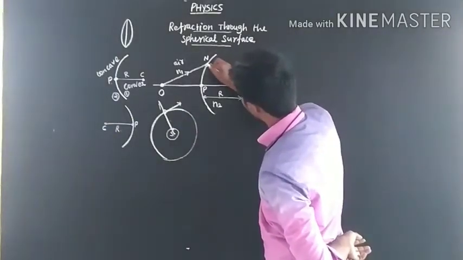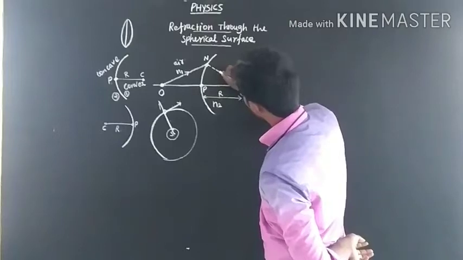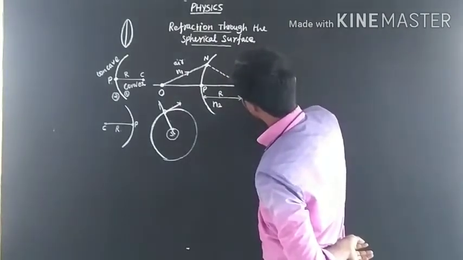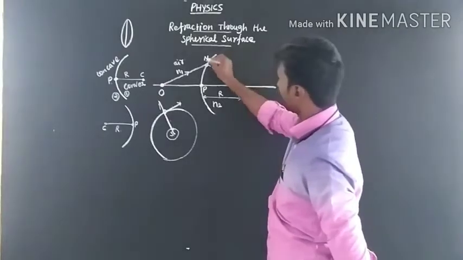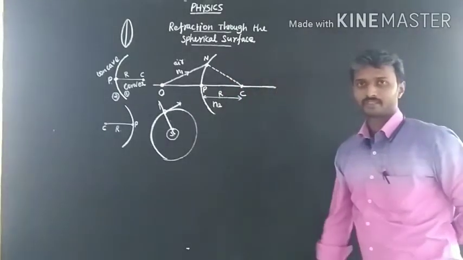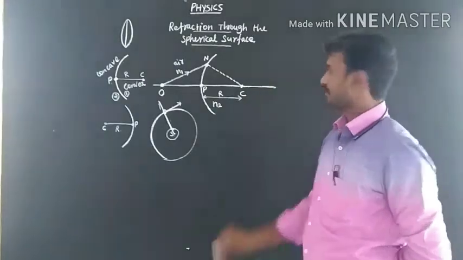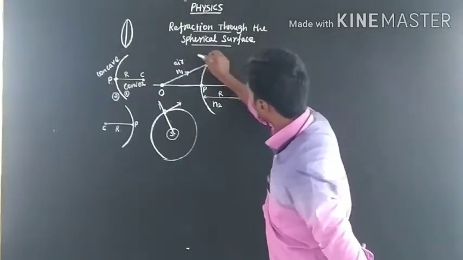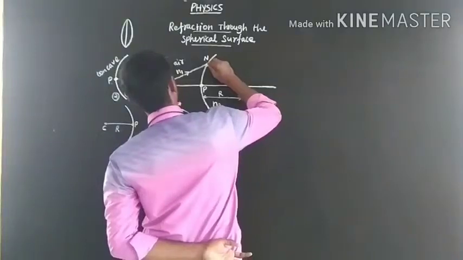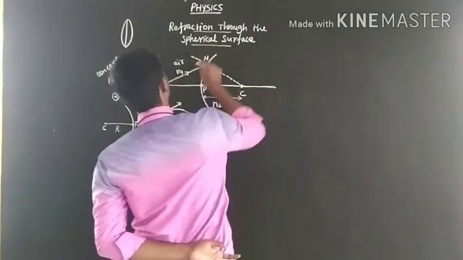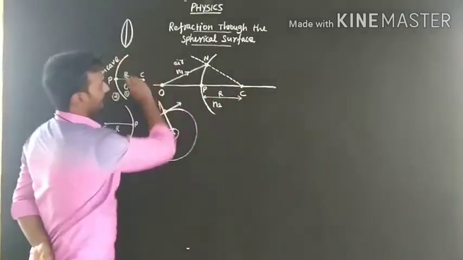So this is a normal to the surface. All the normal lines at any point of the spherical surface meet at the center of curvature. So this is the normal at the point of incidence. Am I right? This is the normal at the point of incidence.